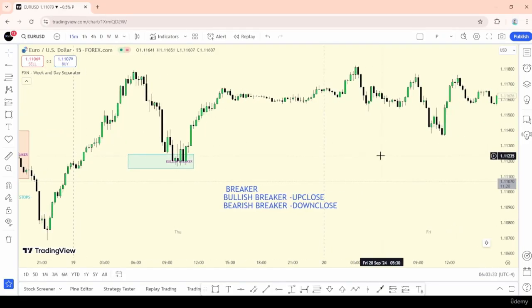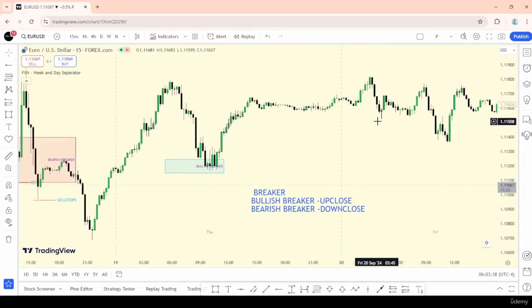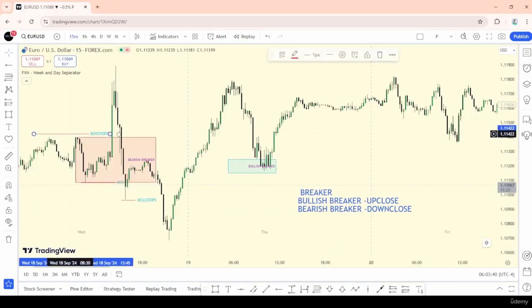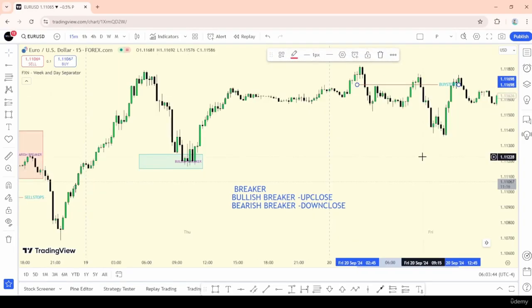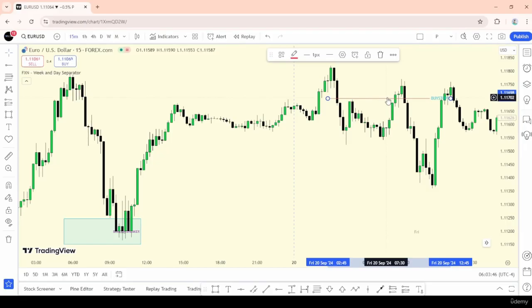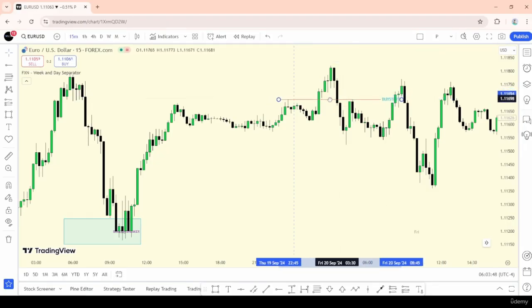So when we go later in price, we have to identify an area in which the market either ran buy stops or sell stops. We can see here that in this area we had a set of buy side liquidity, or buy stops.